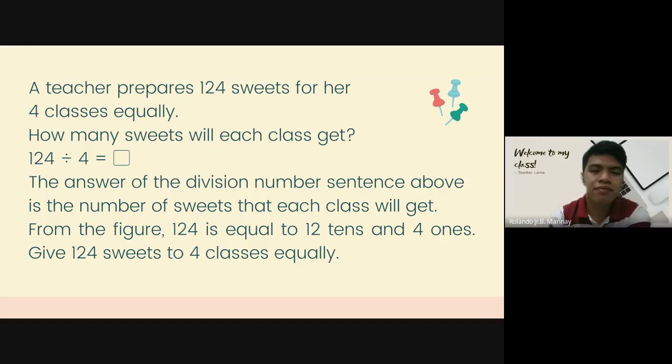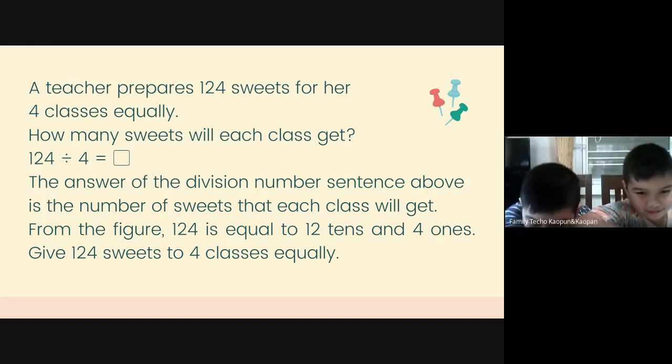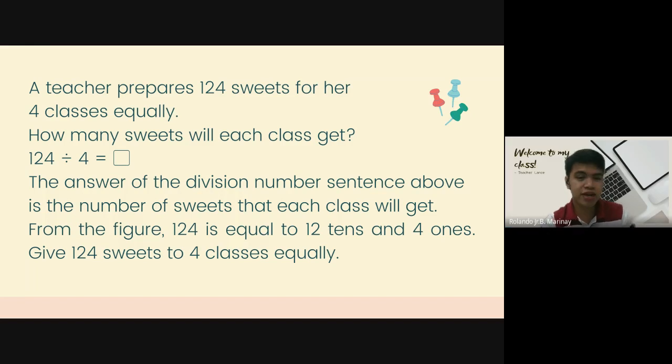Since the figure is not on the screen, 124 is equal to 12 tens and 4 ones. Give 124 sweets to 4 classes equally.